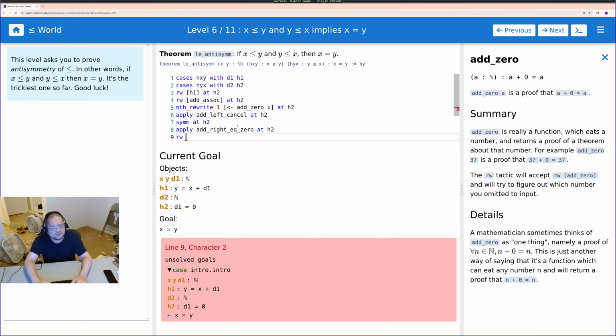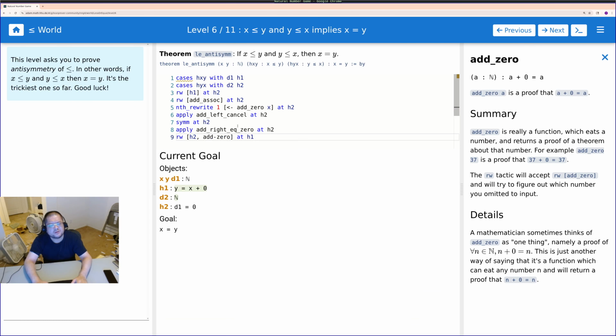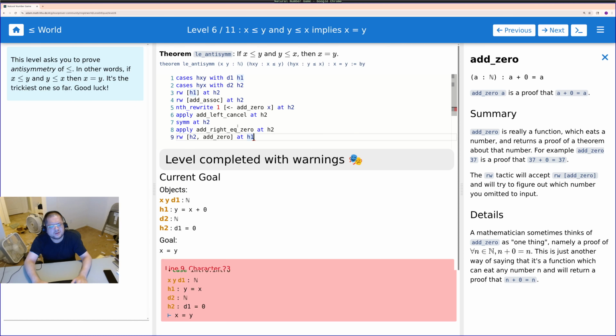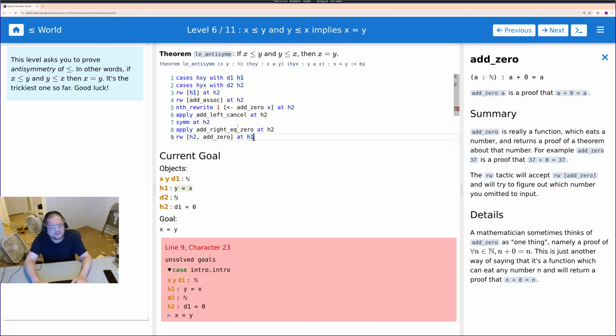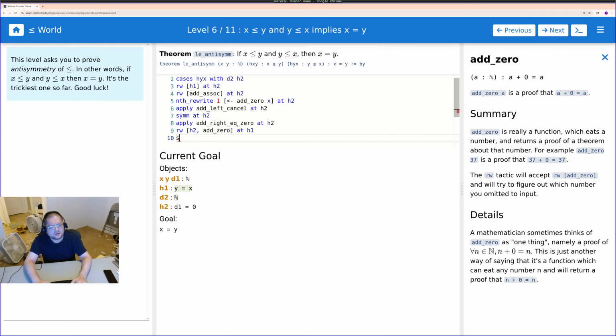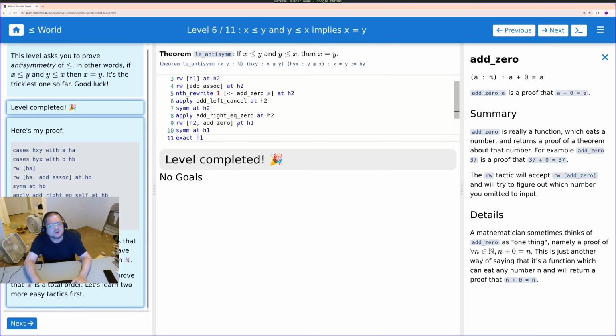Good. We're going to rewrite h2 at h1. And we're going to do add 0 at h1. Okay.